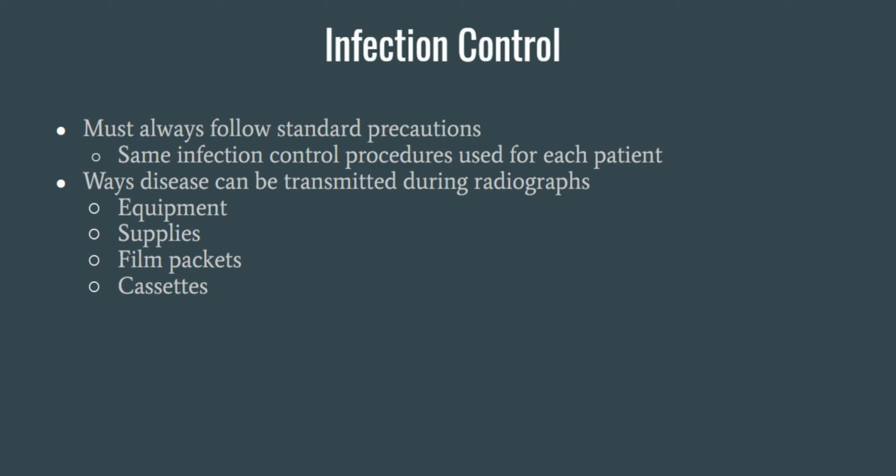So, if you take that film packet that you had in that patient's mouth and you place it on a countertop, but that countertop isn't wiped off, a tray is now set down on top of it and moved around to another area. That potential disease is being now transmitted from place to place to place as it touches more things. So, any one of these things can be a way that it is transmitted.